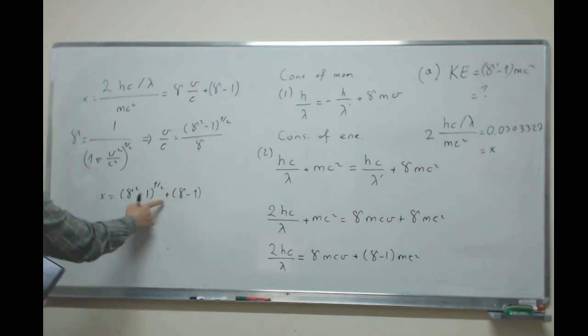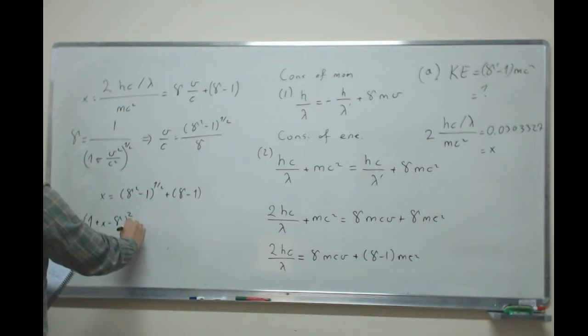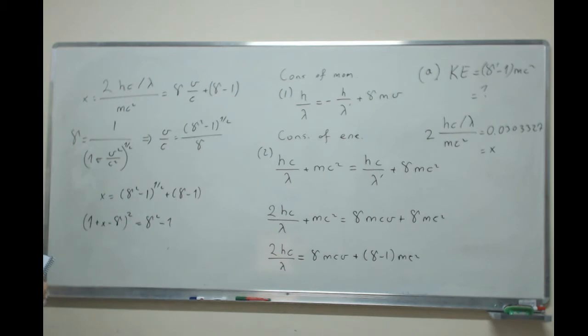So I move this to the other side, take the squares, and so on. So (1 plus x minus gamma) squared is equal to gamma square minus 1.